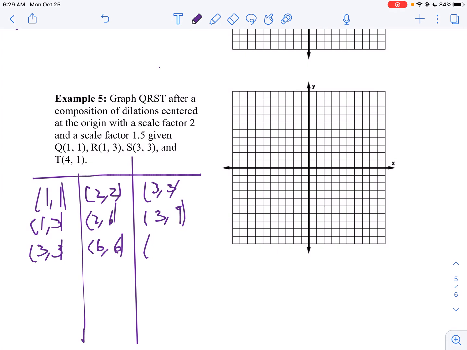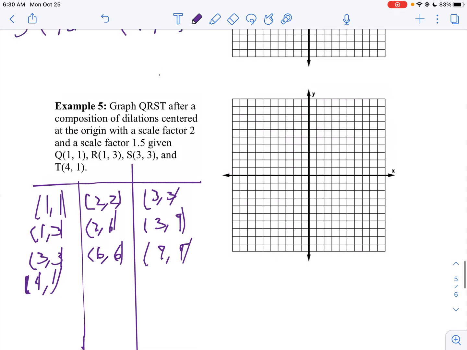And then that'll be giving 9, 9 for S double primed. And then T, I'm going to start at 4, 1. And then I'm going to double that, so it'll give me 8, 2. And then take it times 1.5. That will give me 12 and 4.